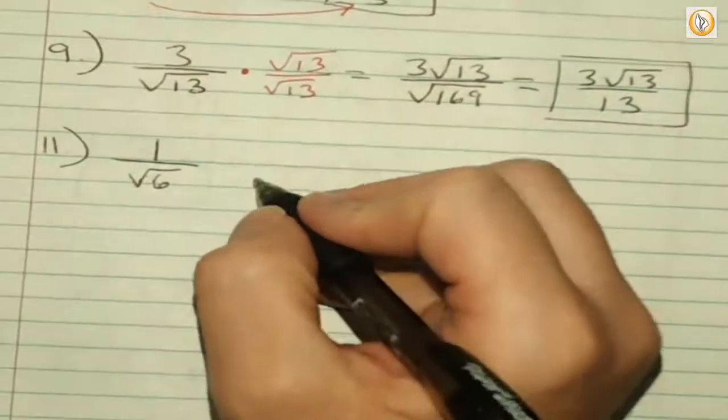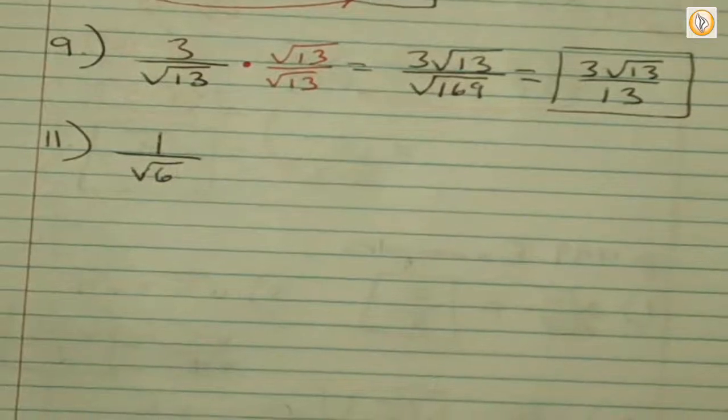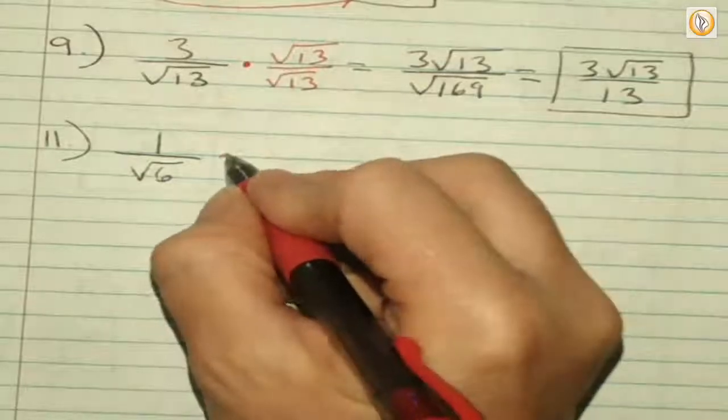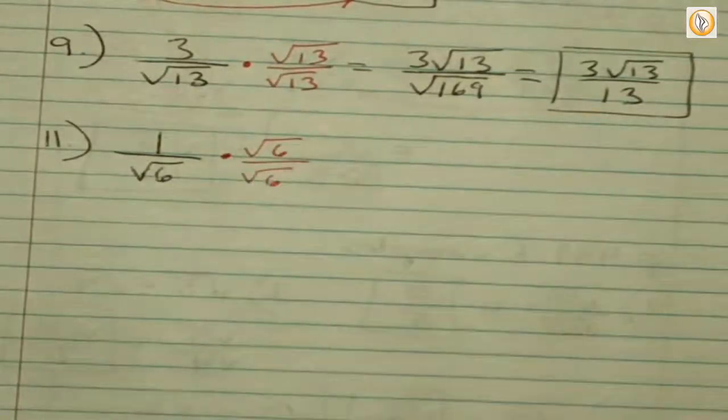All right. Let's see. Keith, tell me how to solve this. You have to multiply something by the square root of 6. Very good. And what do you get?